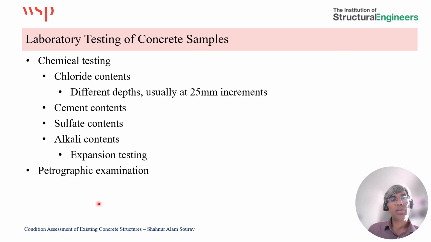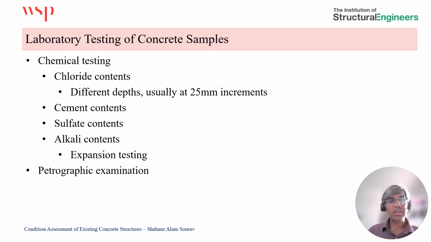So we usually do chloride content testing. We usually collect samples at different increments. Usually it's 25 millimeter increments up to a depth of 100 millimeter, but that depth and the increment can vary to suit the requirement on site.